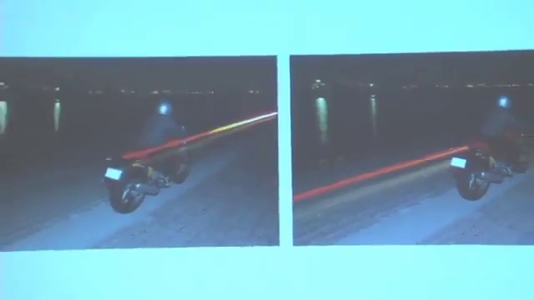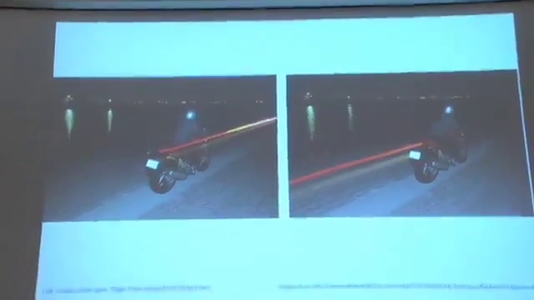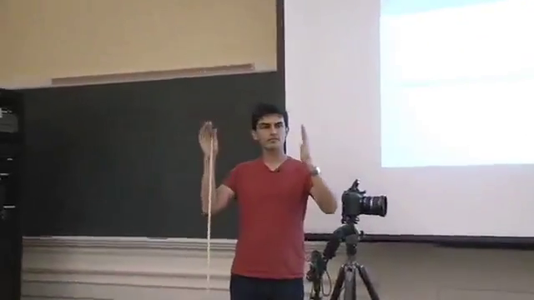Okay, so we also have a rear curtain sync, or second curtain sync, where the first curtain opens, and then we have some amount of time where the shutter is completely open, and then we fire the flash and close the second curtain immediately. That is this result here.